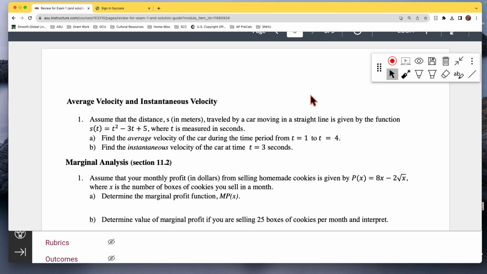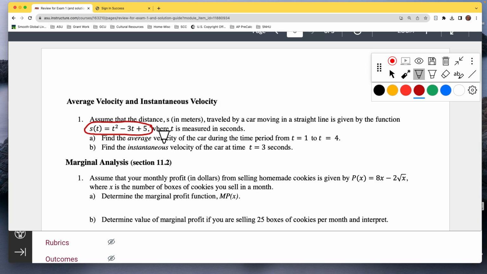So, assume that the distance s in meters traveled by a car moving in a straight line is given by this function. So again, as we read over this, the important part is this function. And this is a location function. It tells us how much distance they've traveled, right? So remember, what is a derivative going to be? It's going to be the change of the y over the change of the x.